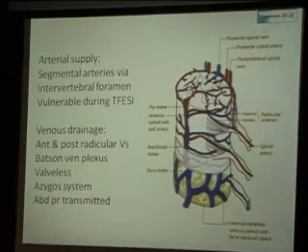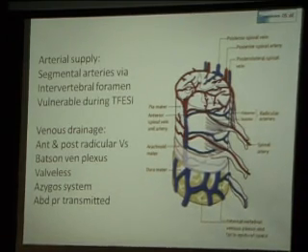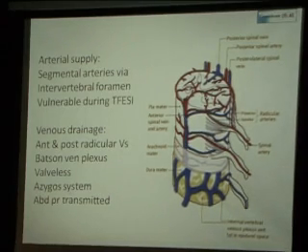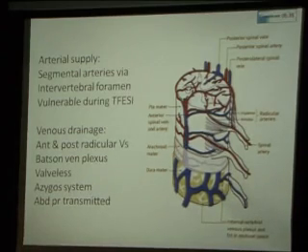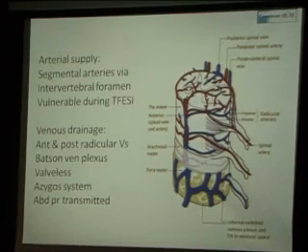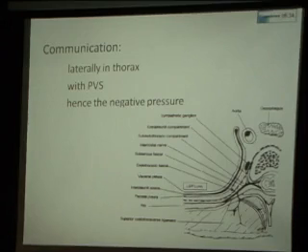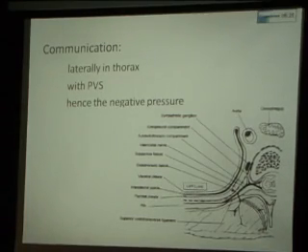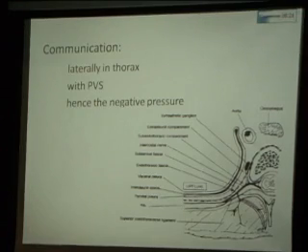And veins, we know there is a valveless system called the Batson venous plexus, which communicates freely with the azygos system in the abdomen, and so abdominal pressures are easily communicated. So in pregnant women, we have a higher chance of causing a vascular puncture, and also in a patient who is lying prone during spine surgery, if there is abdominal pressure which is transmitted to the veins.